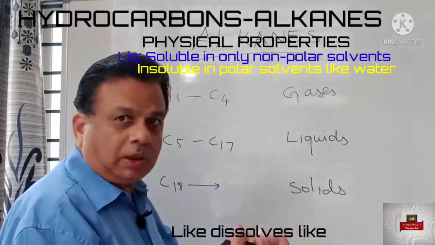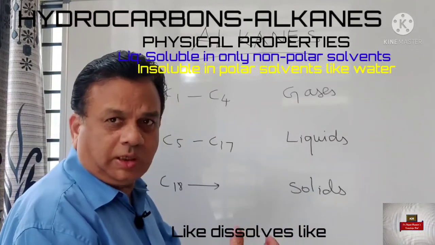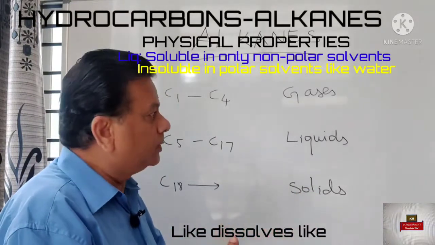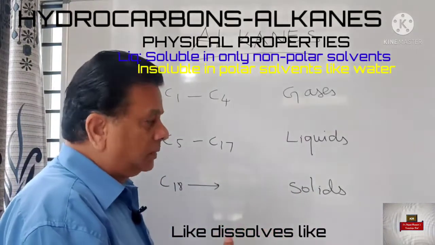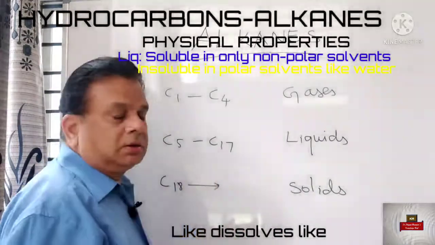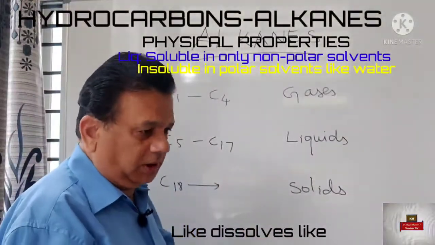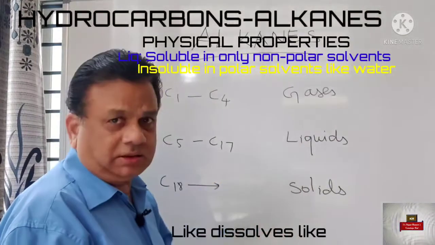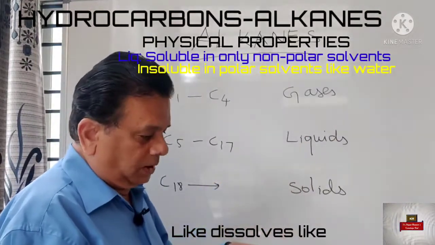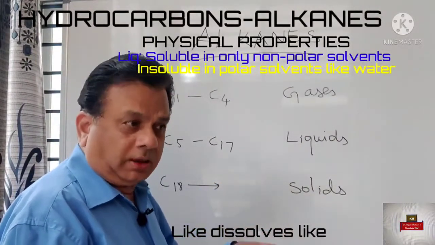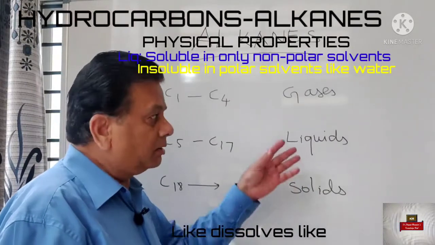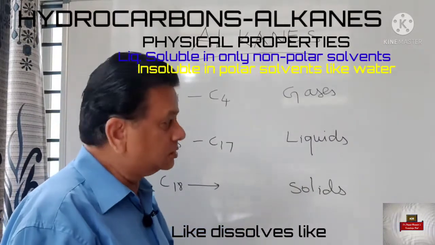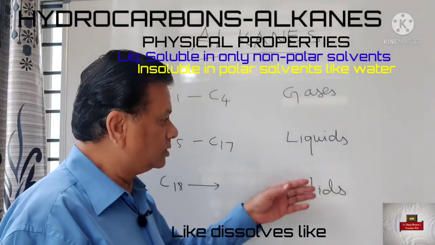So they have no attraction between molecules. So they are gases. Then liquids. These liquids have molecules closer than the gases, and hence they are having better van der Waals forces of attraction, so they exist in the form of liquids.